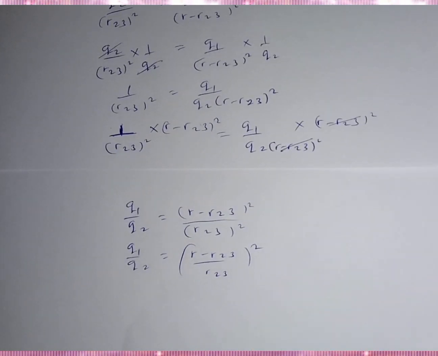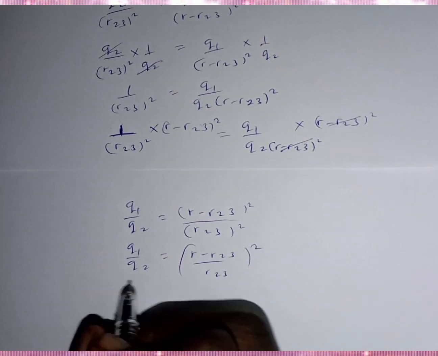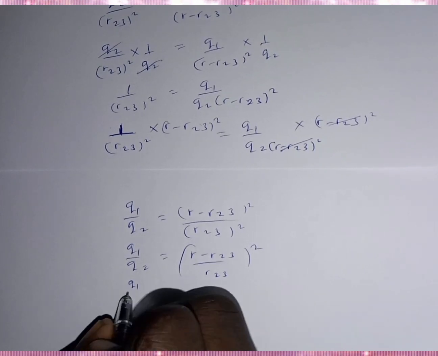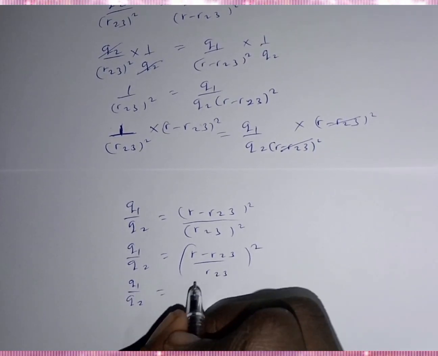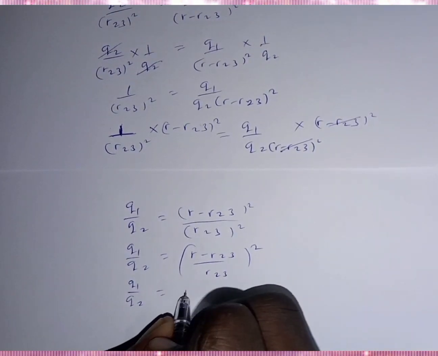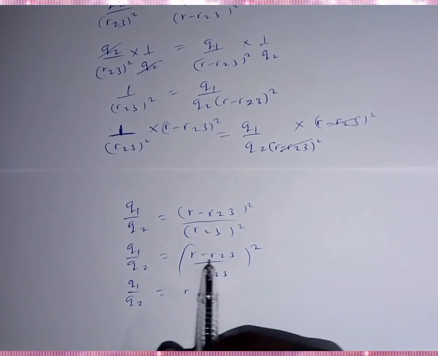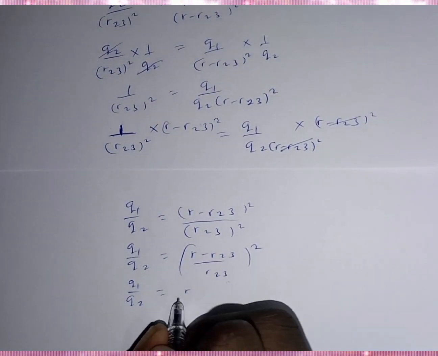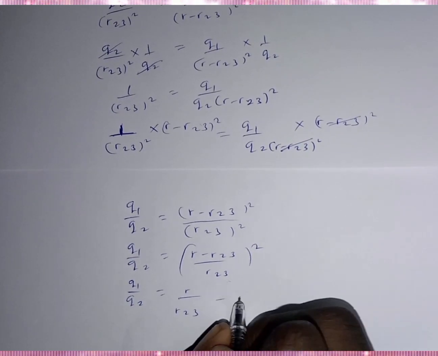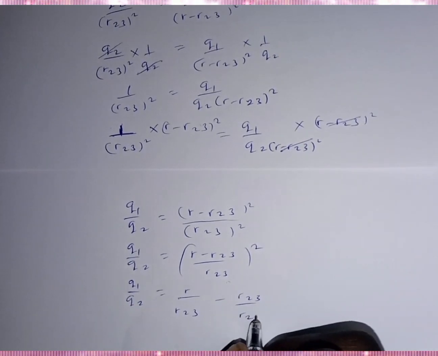So therefore we can now further have Q1 over Q2 equals, now we can separate this R23 for the two numerators because it's dividing everything through. So R23 minus R23 over R23.